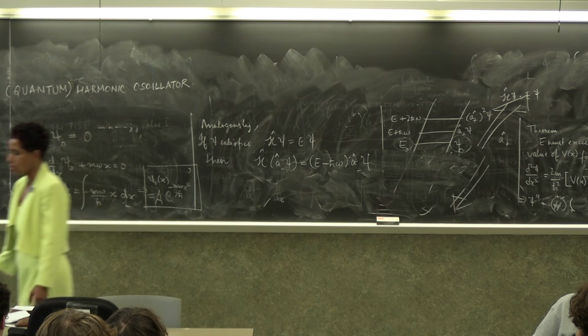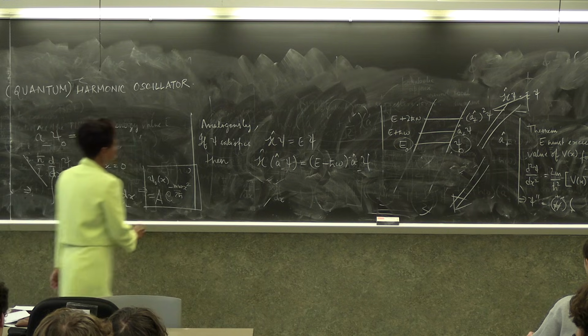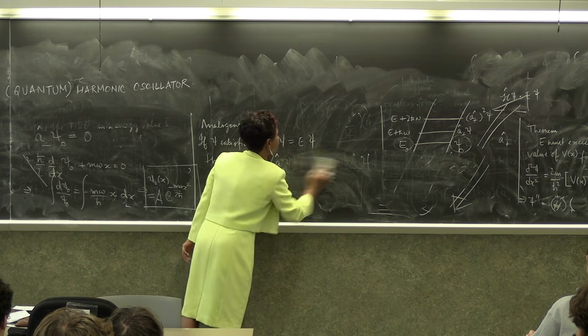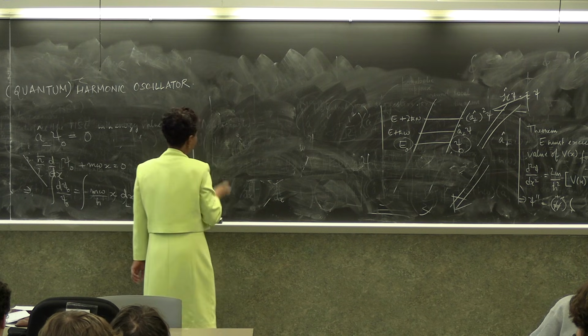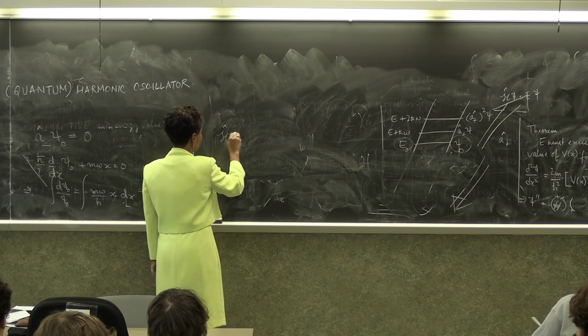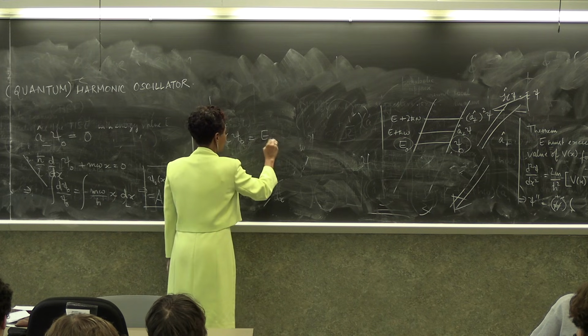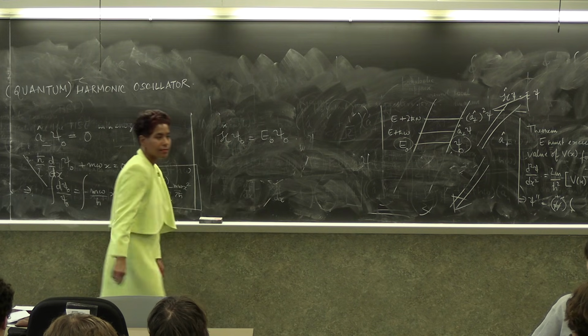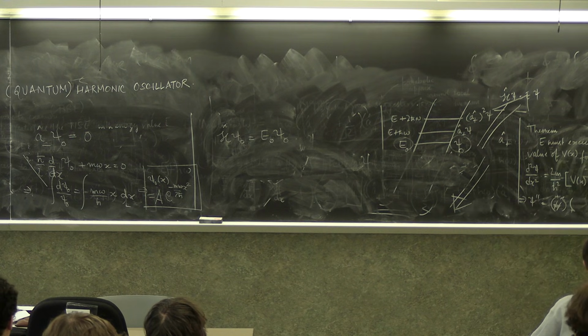How do we find E naught? Almost there. We go back to our dear friend, the Schrödinger equation, and make a wise choice for the Hamiltonian again from the relations I've erased.